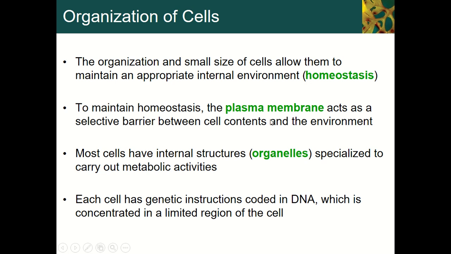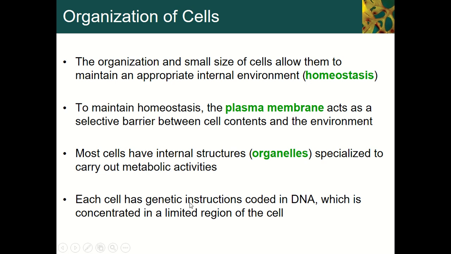Okay, we have a barrier here. Most cells have internal structures. The internal structures inside the cell are known as organelles, which are specialized to carry out metabolic activities for the cell.